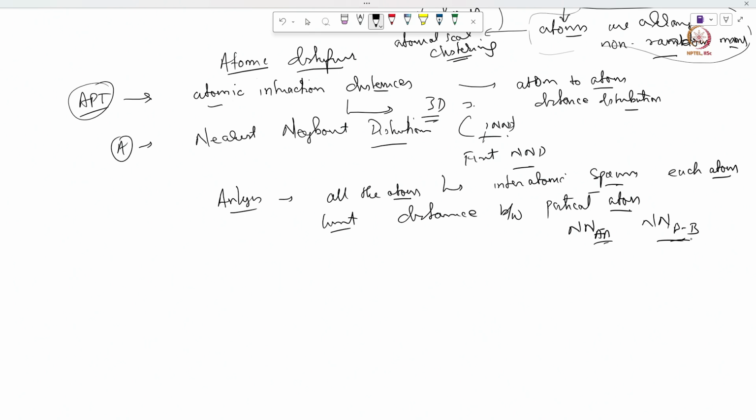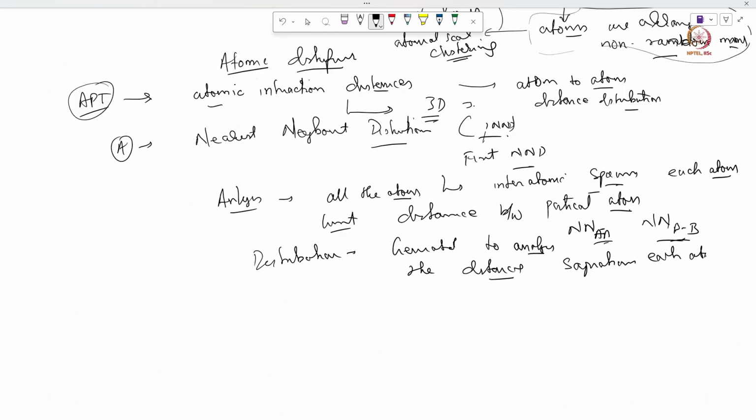Okay, and these distributions are generated to analyze the distance separating each atom and the closest nearest neighbor.